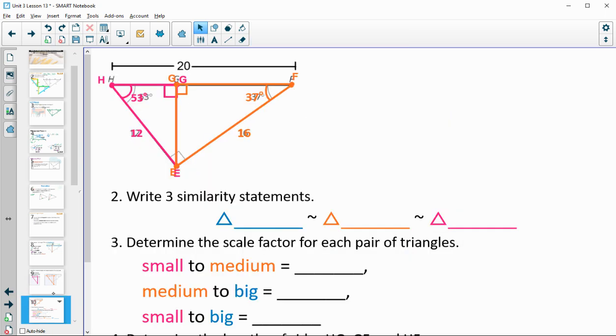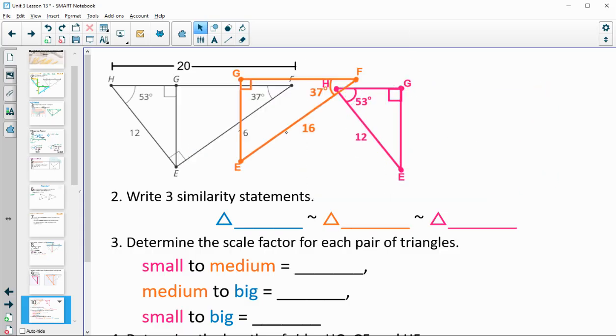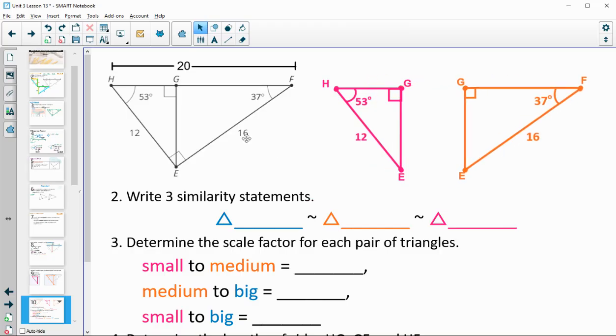So now that we've talked about that they're similar, let's write some similarity statements. And I find it easier to kind of redraw these. So I'm going to redraw each of these. So I've got this smaller triangle, okay? And then I've got what I'm calling the medium-sized triangle.